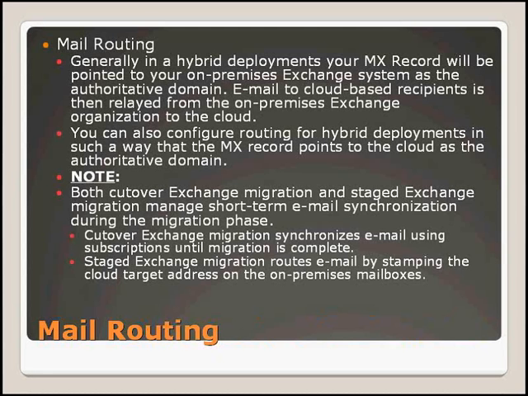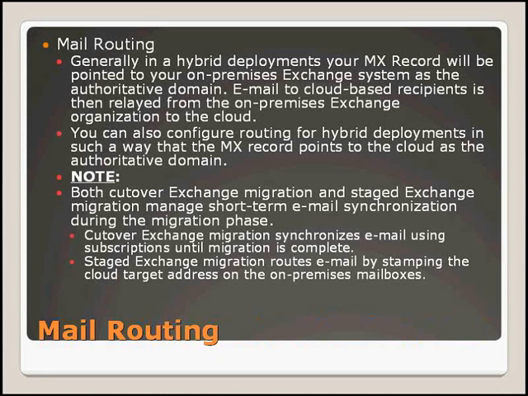There are a few things you need to understand. Whenever you're doing a migration, this is one question people ask: what about mail routing when I'm doing the migration? Say I start the migration and the user mailbox is getting migrated right now. What happens to the emails arriving at the point of migration?